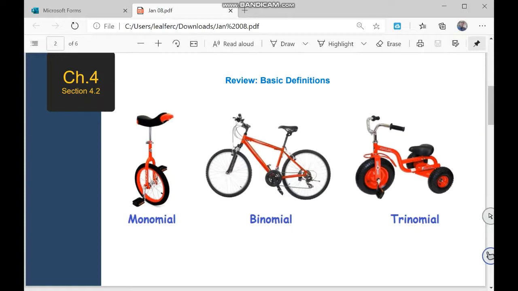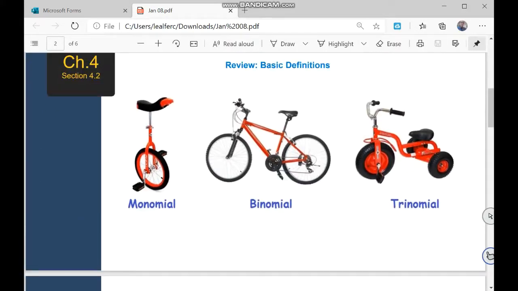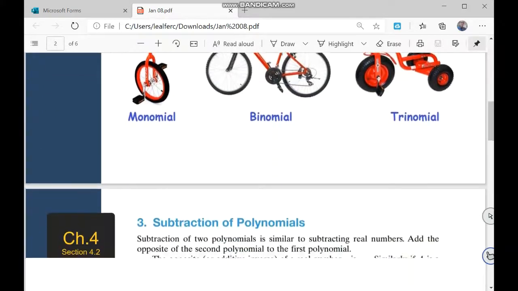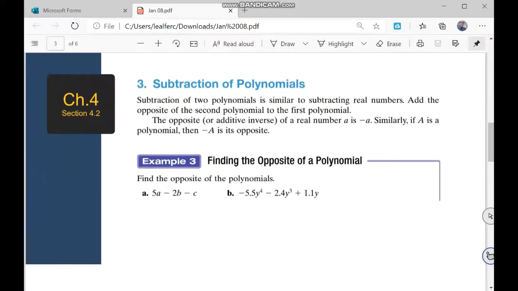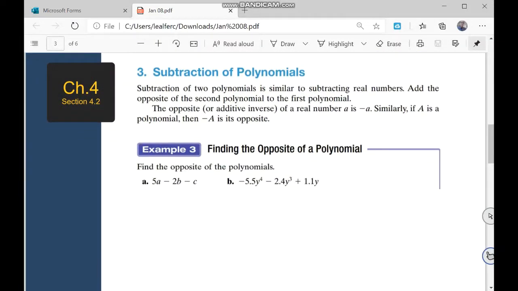If the polynomial has 2 terms, it's a binomial, like the bicycle, binomial. And if the polynomial has 3 terms, then we have a trinomial. The pictures here are just a way to remind about the names. Okay, this is a review from yesterday, and we will start now the topic of today's class.